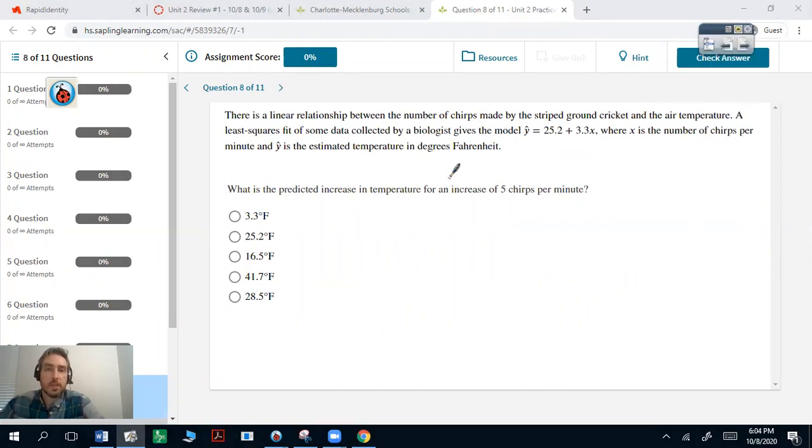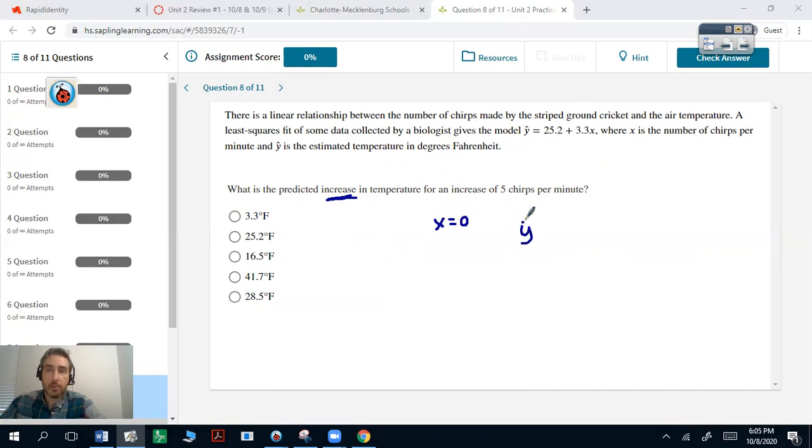Number 8, there is a linear relationship between the number of chirps made by the striped ground cricket and the air temperature. A least squares fit of some data collected by a biologist gives the model y hat equals 25.2 plus 3.3x, where x is the number of chirps per minute, y is the estimated temperature in degrees Fahrenheit. What is the predicted increase in temperature for an increase of 5 chirps per minute? Increase in temperature. So we don't have a number, we just have increase of 5 chirps per minute. So let's plug in, let's start with 0. So let's say x equals 0.